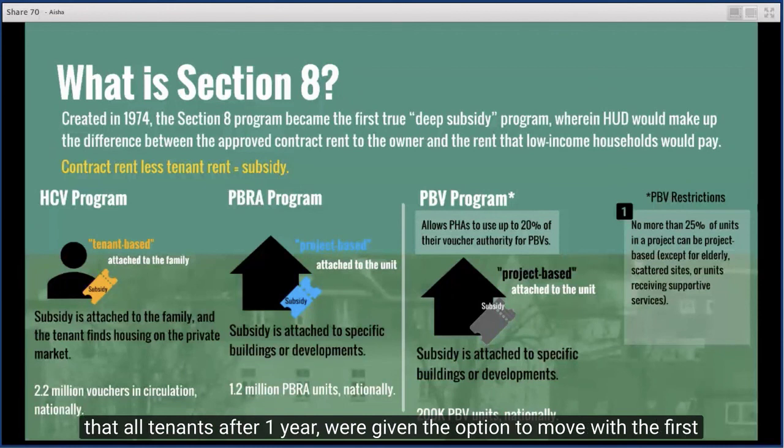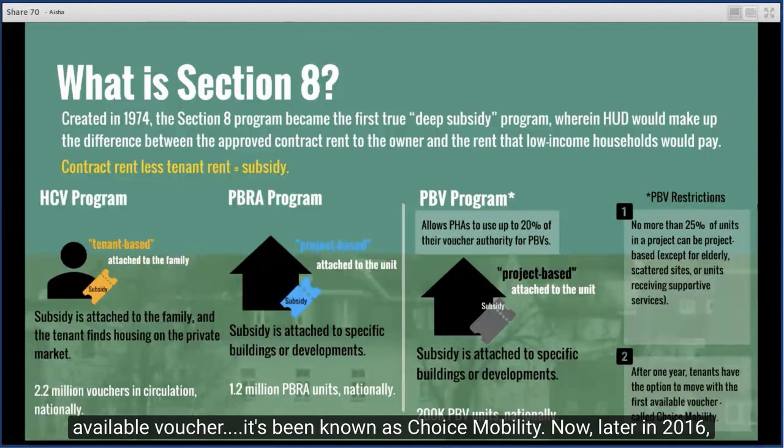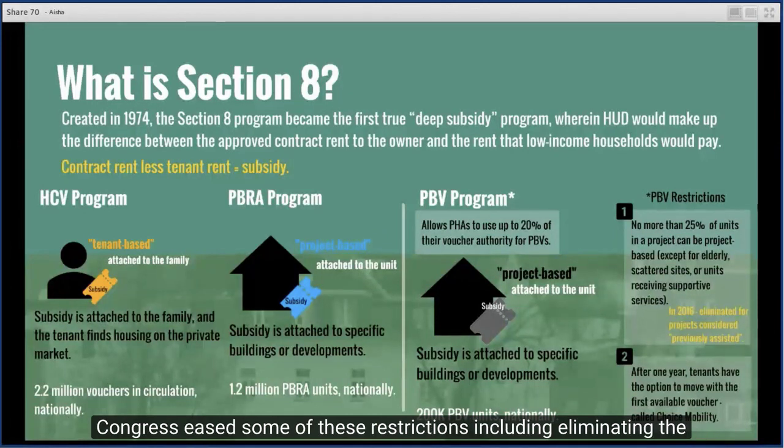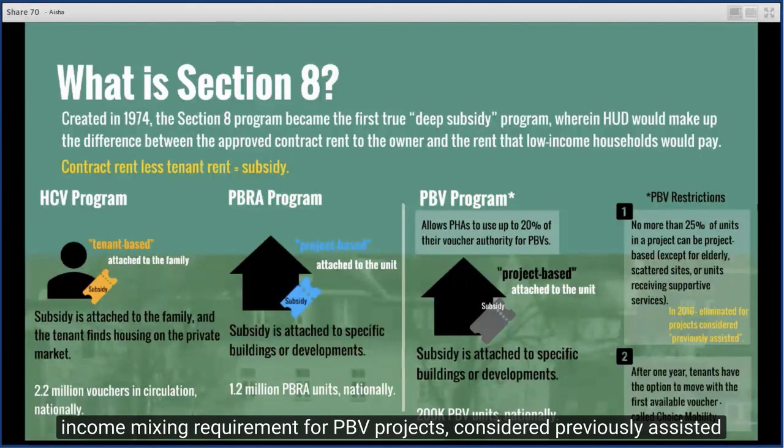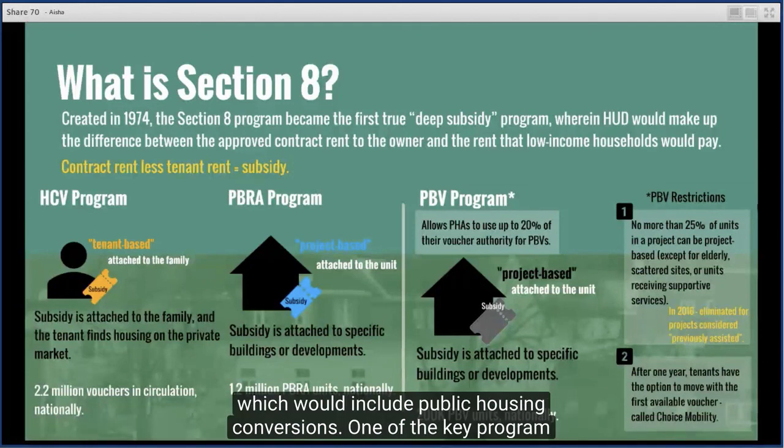And two, that all tenants after 1 year were given the option to move with the first available voucher, what has been known as choice mobility. Now, later in 2016, Congress eased some of these restrictions, including eliminating the income mixing requirement for PBV projects considered previously assisted, which would include public housing conversions.